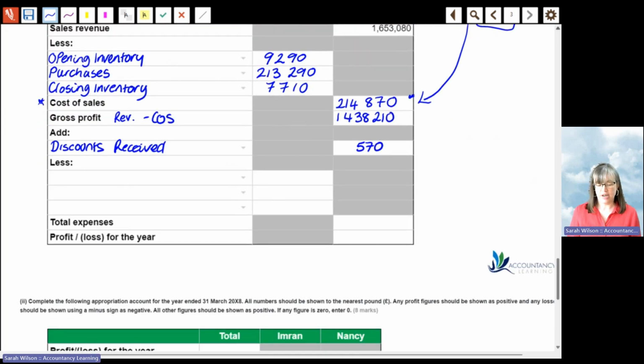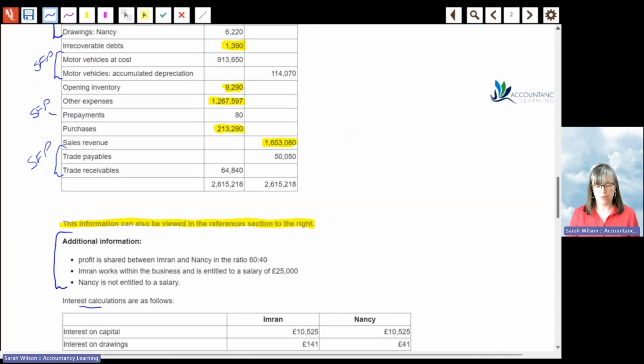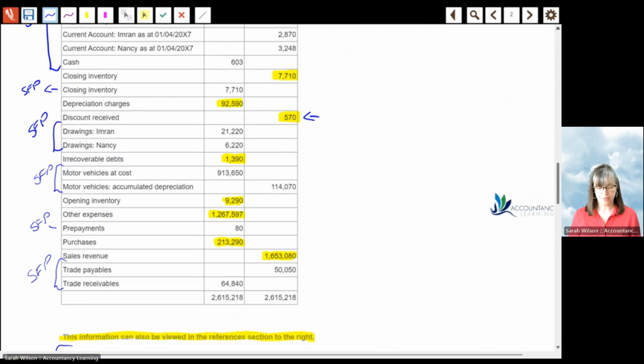So we've done our add side, which was our discounts received at 570. And now we need to have a look at what we're going to be taking away from that. What is going to decrease our profit? Again, let's have a look at our trial balance. We decided that our irrecoverable debts is going to be an expense.